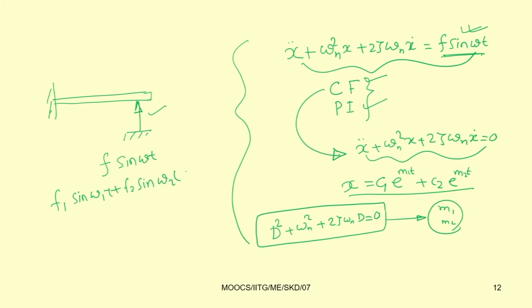For example, in the case of the spring mass system, already you know that if there is no damping, the solution x can be written as, let me write with some numerical values, x equal to 2 sin 5 t. Here the amplitude is 2 and omega equal to 5.